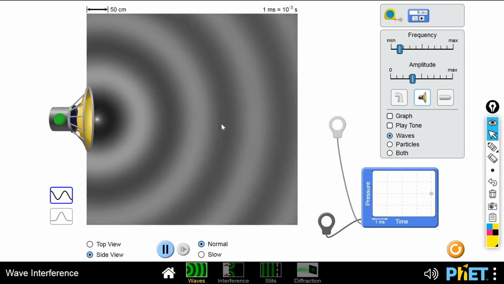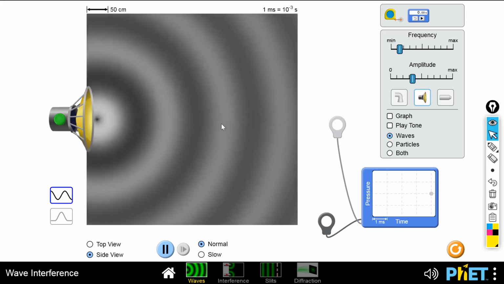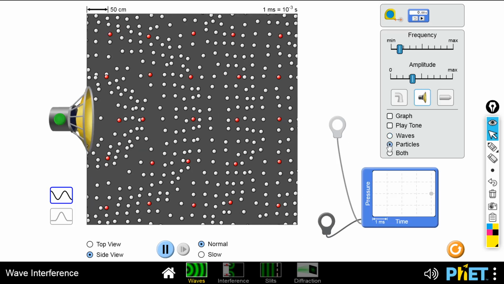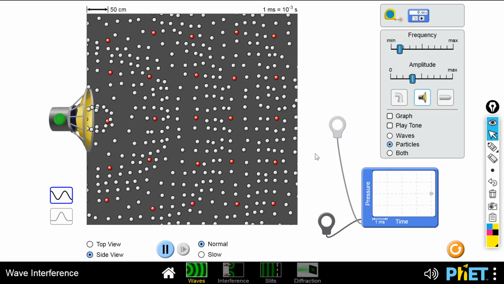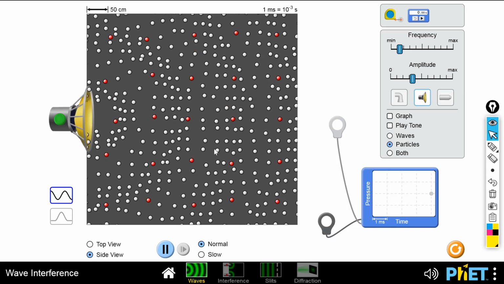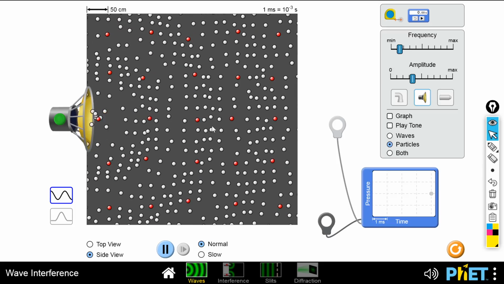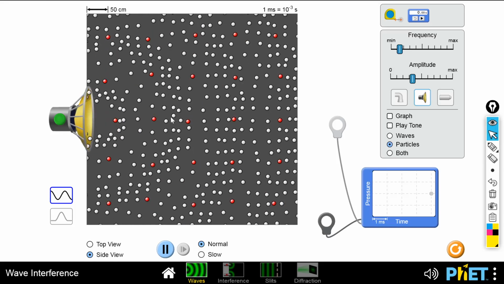And we can best see this if we look at it from a particle representation, which fortunately this little gadget will do. So if we switch over to particles, this is what it looks like with all the atoms. And you can see here that there are regions where over time the particles come close together and then they come further apart.